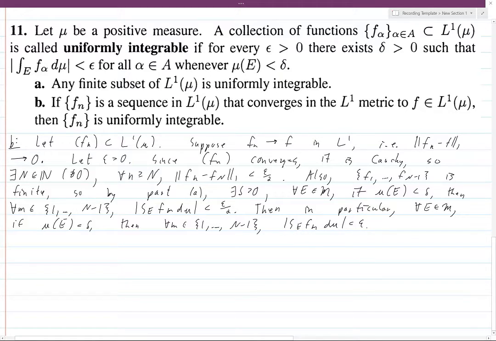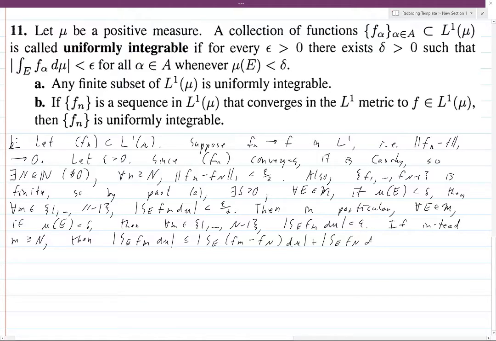So let's see here. If instead m is greater than or equal to N, then let's see, what do we got? The integral over E of f_m d mu. We do the classic analysis trick of adding something and subtracting it, and then using the triangle inequality to break it up.